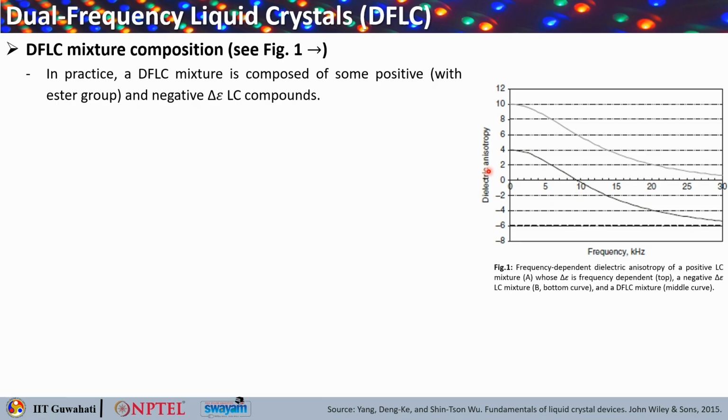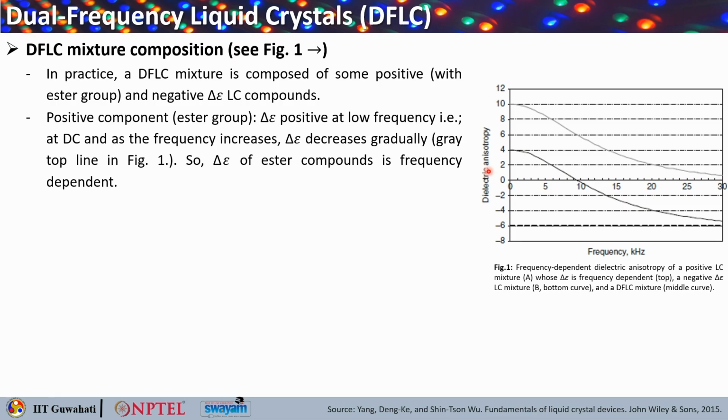So, a DFLC mixture is composed of a positive component with some ester group and some negative liquid crystal compound. For the positive component with the ester group, you can see its delta epsilon is positive at low frequency, that is at DC, and as the frequency increases your delta epsilon gradually varies.